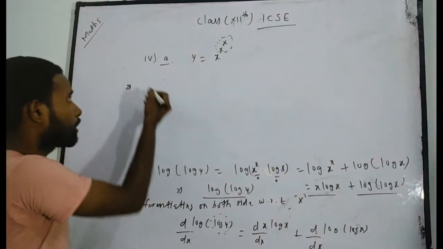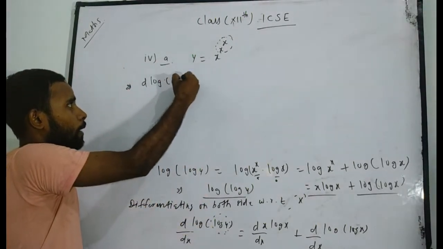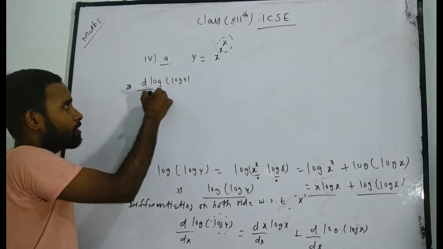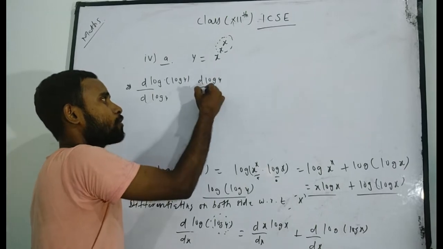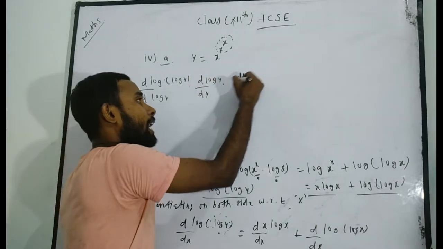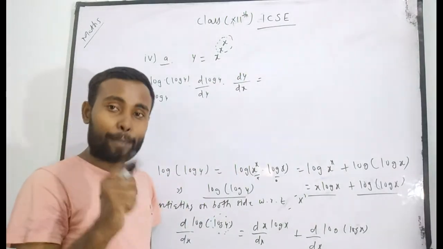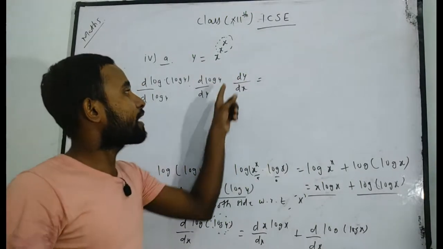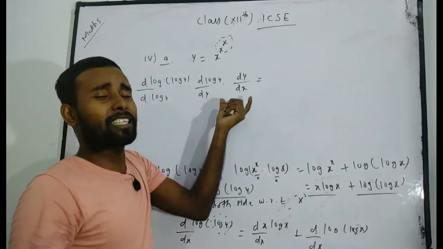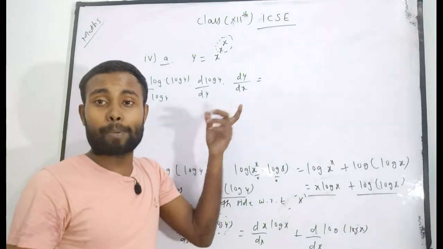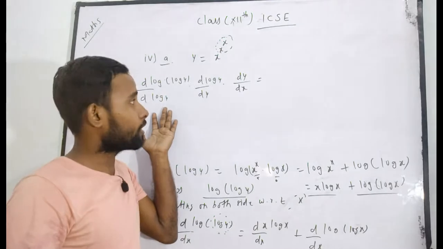That's why I will tell you to firstly differentiate log y with respect to which function? Log y. Thereafter again you have to differentiate log y with respect to which function? y. Thereafter you have to finally differentiate y with respect to x, and you have to find the value of dy/dx. I think you understand very well.